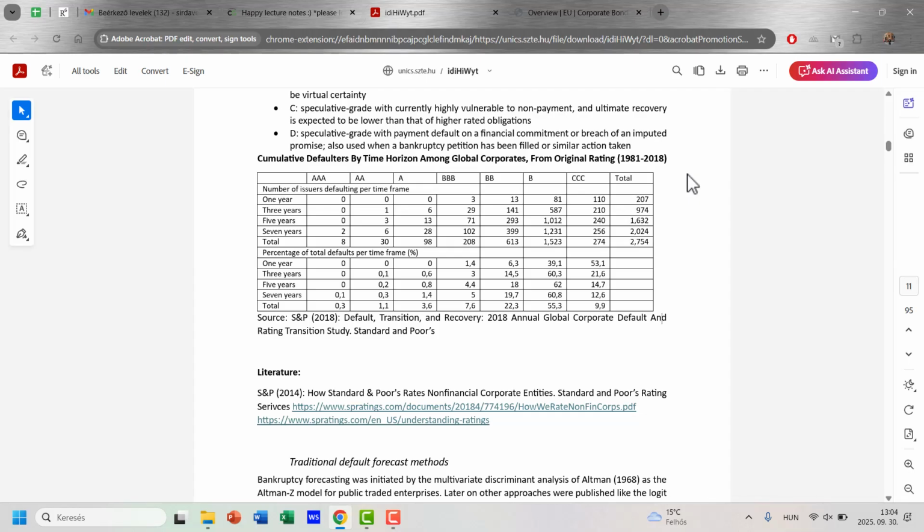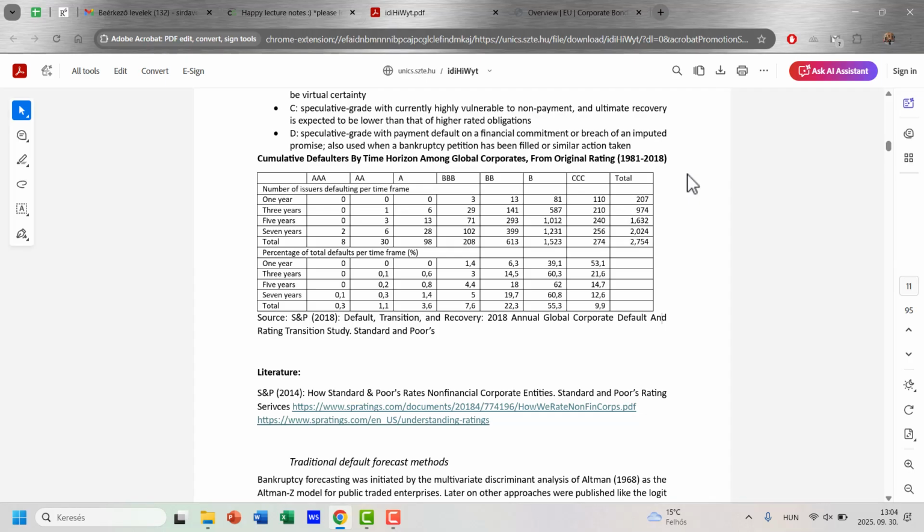This is Standard & Poor's data. Now it's quite old, but it doesn't matter. So we can see the mass of defaults. Only after being rated AAA, so maybe after it was downgraded, after 7 years, only 2 companies defaulted. And we can see higher default numbers as we go to lower ratings.